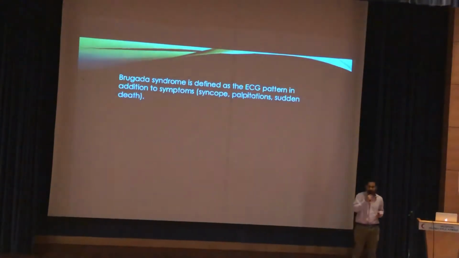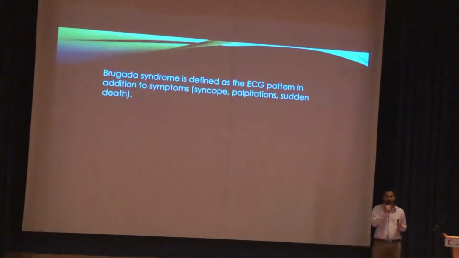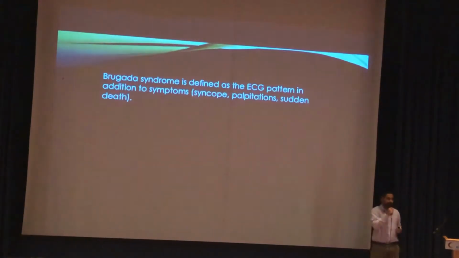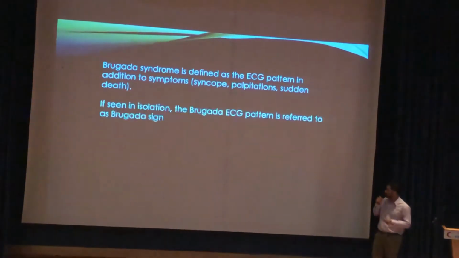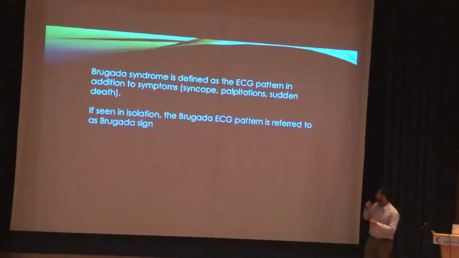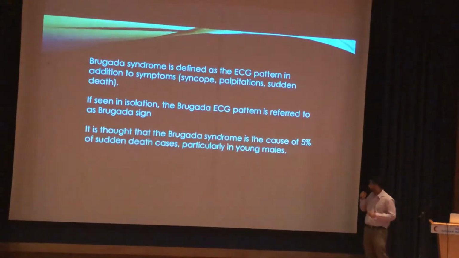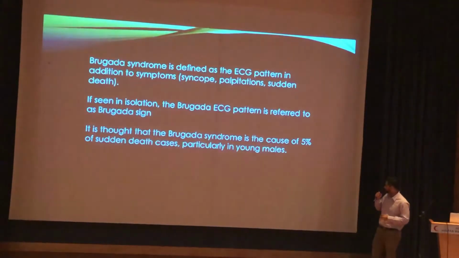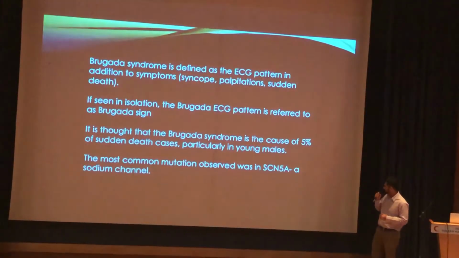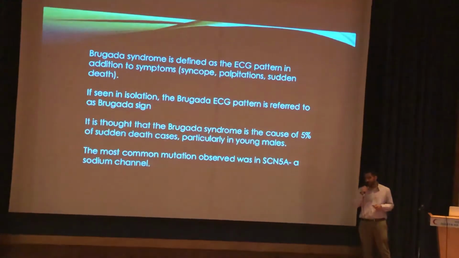So we must be able to catch them. If you get an ECG looking funny and you think it's Brugada syndrome, refer to a cardiologist as soon as possible. If seen in isolation, without symptoms, it is just called a Brugada sign. Brugada syndrome is the cause of 5% of sudden death cases, especially in young males, and is because of a sodium channel mutation, SCN5A.